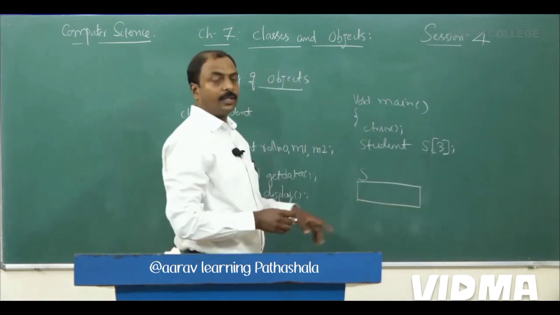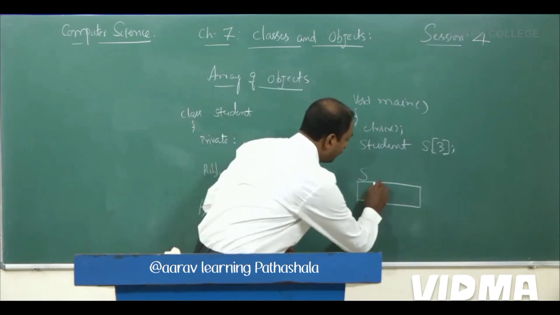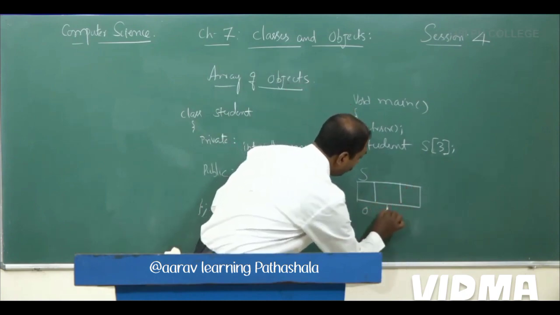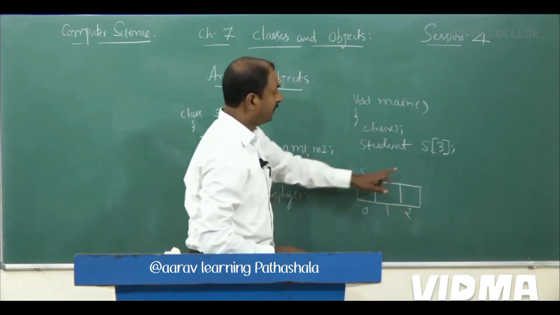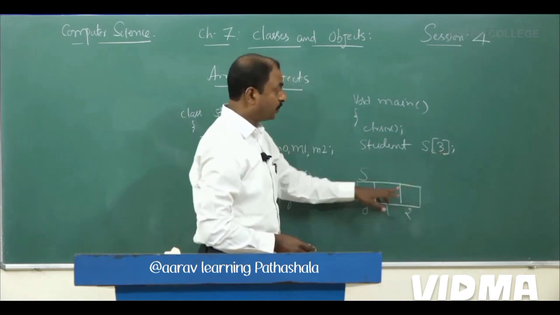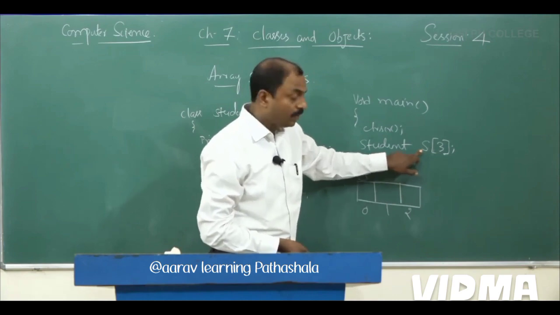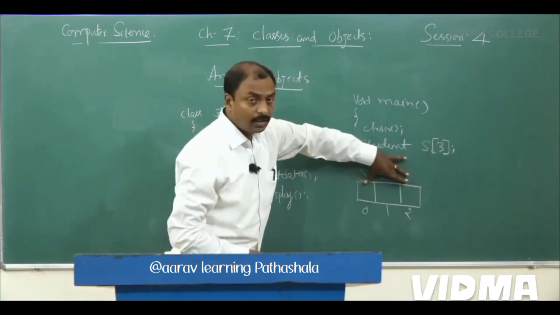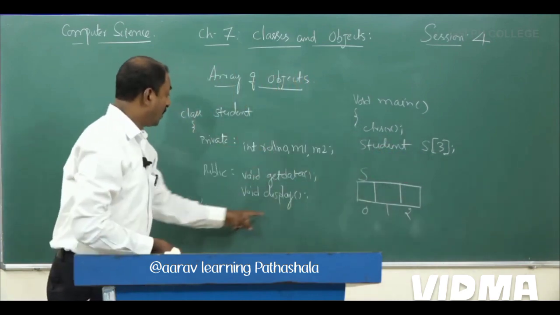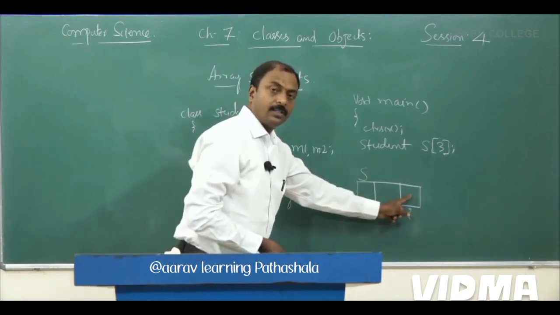Under this there are 3 elements, with index 0, 1, 2. So this s of 3 consists of the data of 3 students.